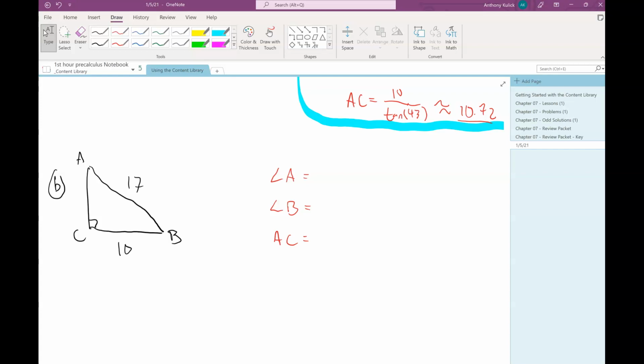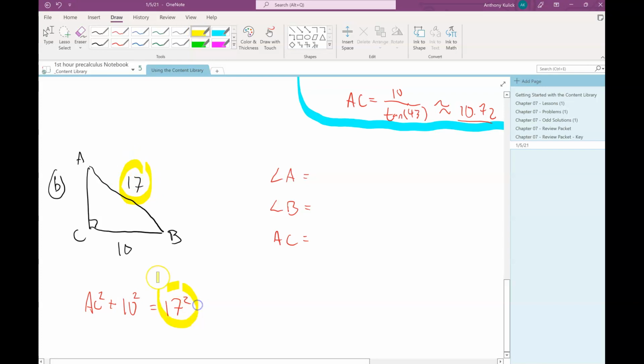So what equation am I going to write there? AC squared plus 10 squared equals 17 squared. Excellent. So again, the key here was recognizing that the hypotenuse is the piece that has to be by itself in the Pythagorean theorem, right?